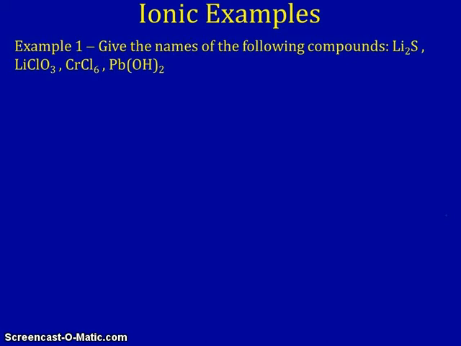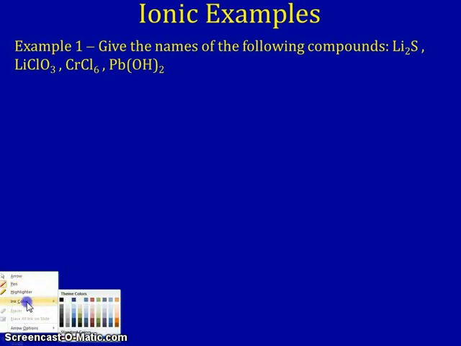Chromium is a D-block metal. So if we're looking at the D-block metals, we've got to try and determine their charge. As we look at that, we see that chromium is bound to 6 chloride atoms, and each chloride atom happens to have a charge of -1 due to its location on the periodic table.